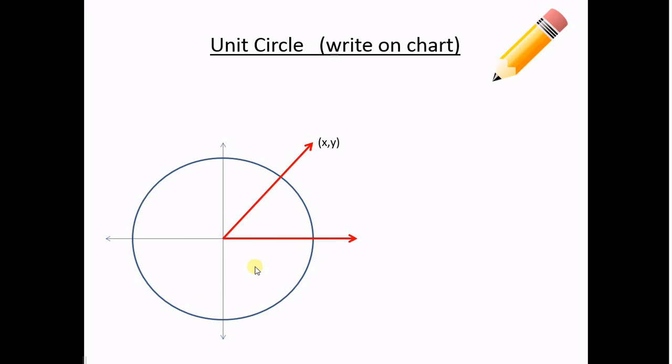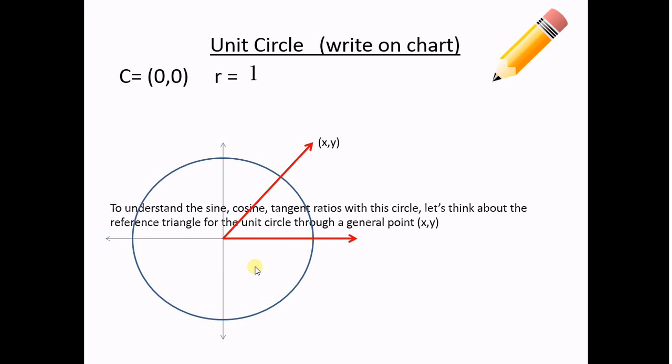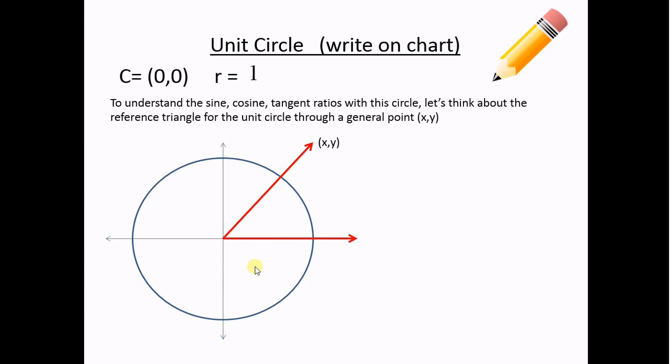So now, unit circle. Write this on the chart. So we said our origin was at 0, 0, had a radius of 1. So to understand sine, cosine, and tangent with this circle, let's think about the reference triangle for this unit circle through the general point x, y. So right here is x, y, right? Drop my perpendicular down. I went x units this way and y units that way, right?